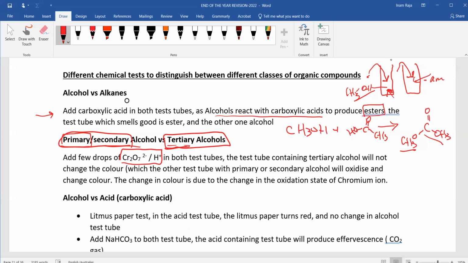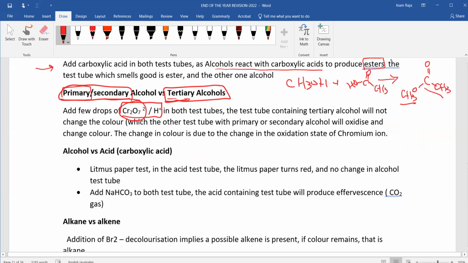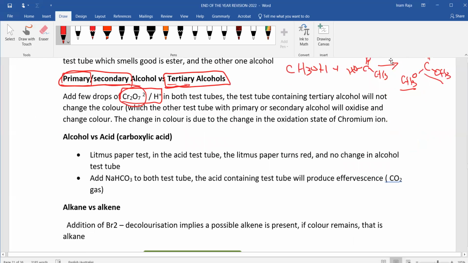Tertiary alcohols don't react with the oxidizing agent, they don't oxidize further, but primary and secondary do. So if the color changes, it is primary or secondary alcohol. If the color remains the same, that is a tertiary alcohol. It means that the oxidizing agent is not undergoing reduction, but it should undergo reduction if it reacts.